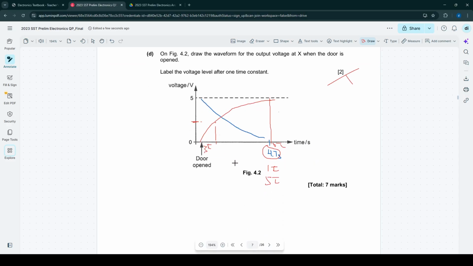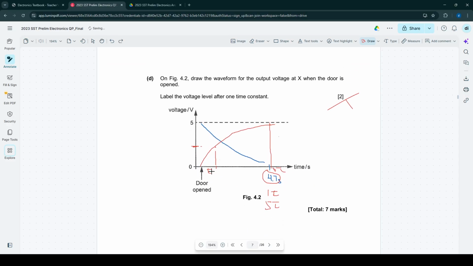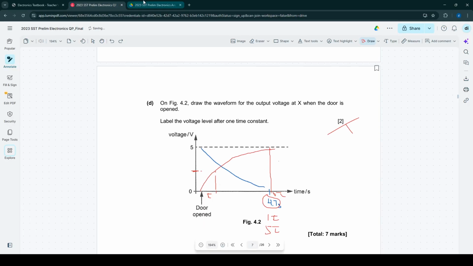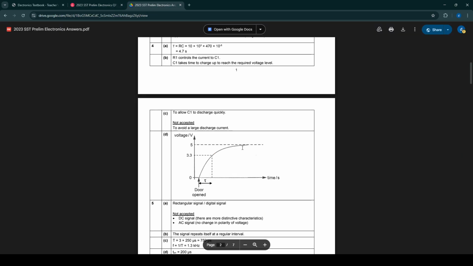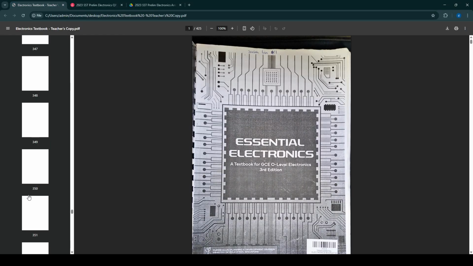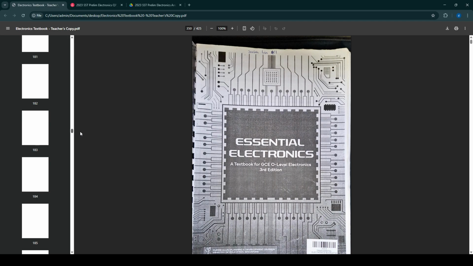And you can calculate how much it will be at, because we know that for charging, when 1 tau has passed, right? Wait, Jovia, is it after 1 tau for charging it is 1/3 or 2/3? I can just search it here because I have the textbook.